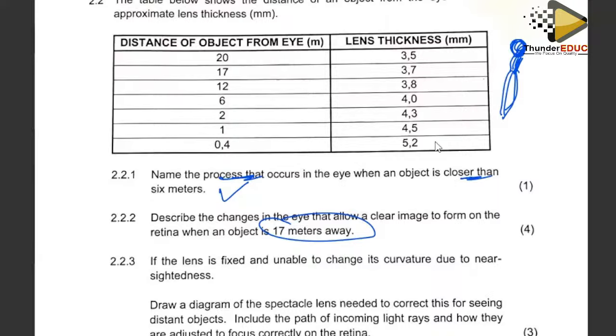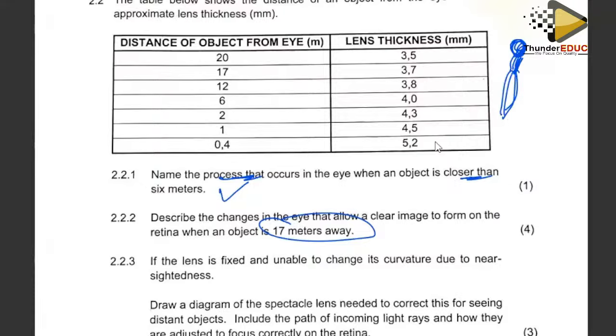So you have to talk about that. Ciliary muscles relax, suspensory ligaments tighten, the tension on the lens increases, the lens becomes less convex, and light rays are refracted less, and then a clear image is focused onto the retina.